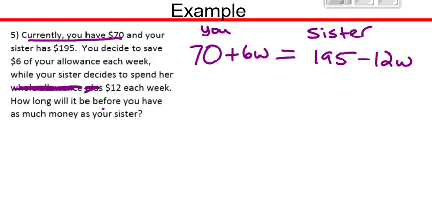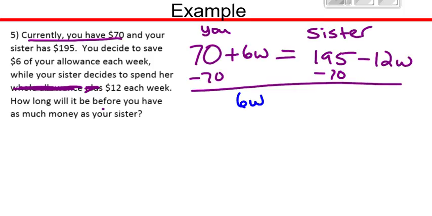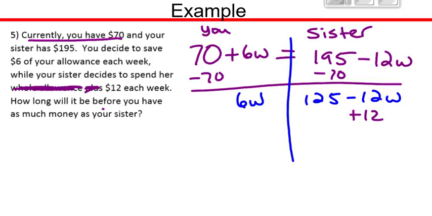Okay, so there's your equation. I'm going to first start out by subtracting 70 from both sides. That will give me 6w on this side, and 125 on this side minus 12w. Then I'm going to add 12w to both sides.